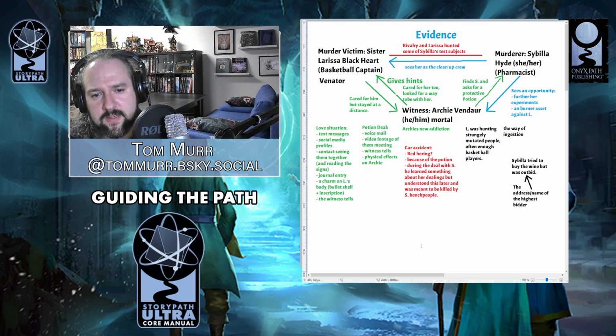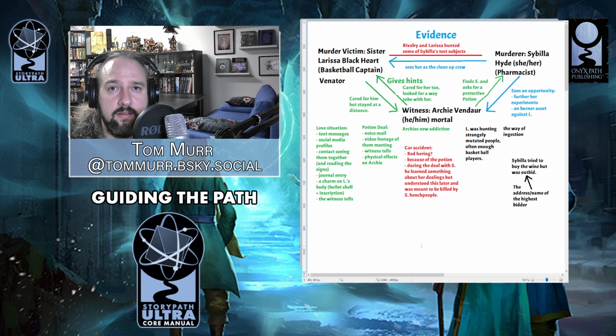For example, learning that Sibylla tried to buy the wine, this information is attainable easily. You can ask the auctioneer, you can ask people from other bidders, you can enter the registry and look who was bidding how much. You could go into the video footage. There are plenty of ways to get this information.